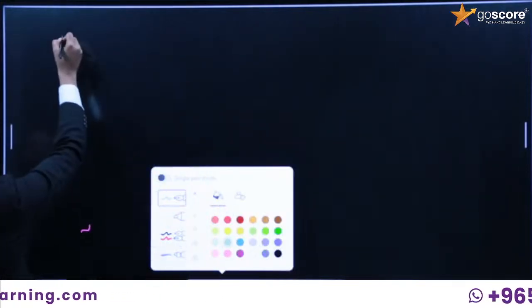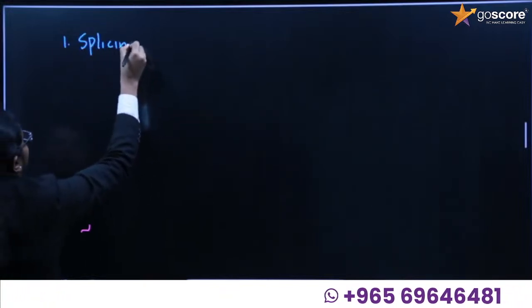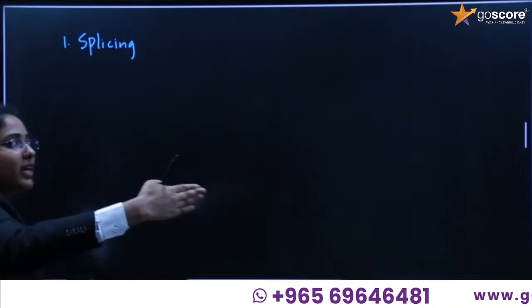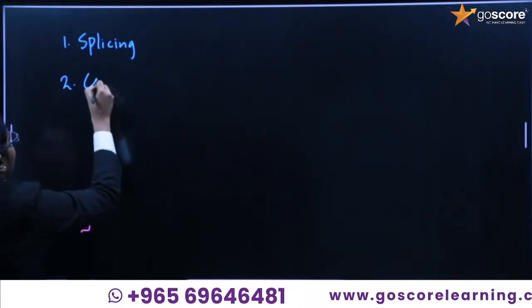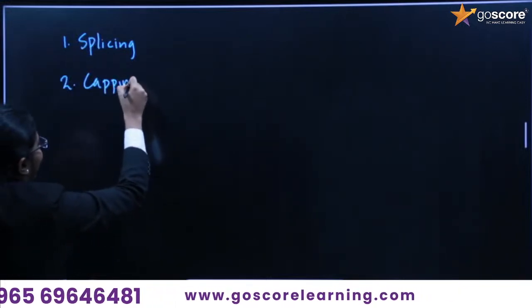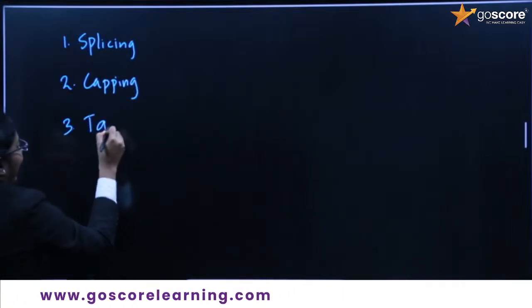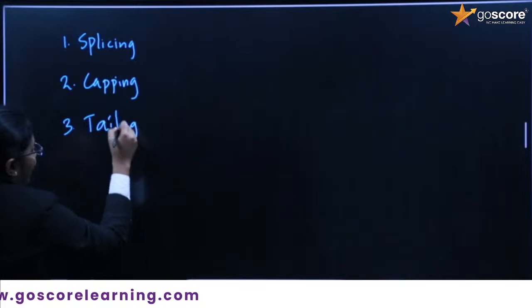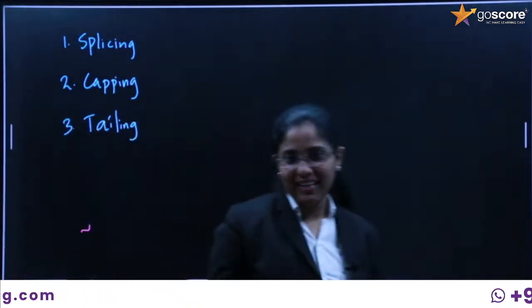The first one is splicing. The second one is capping, giving a cap. The third one is tailing, giving some tails. Let's see what capping and tailing are.